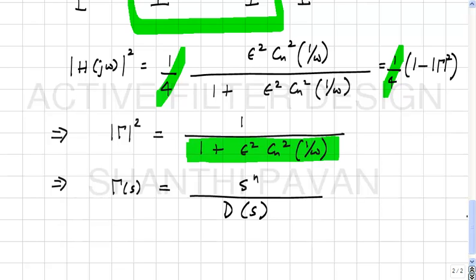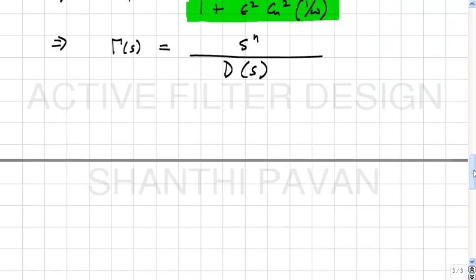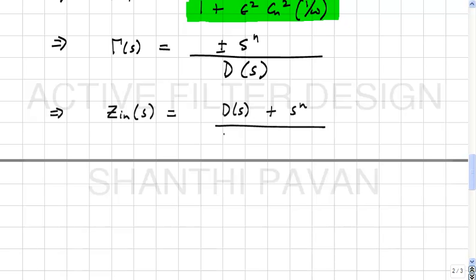Okay. So, I will go through an example to illustrate, but this must be the form of gamma of S, which means that Zn of S, again you have the plus minus depending on whether you are doing even or odd, will therefore be, for example, d of S plus S bar n divided by d of S minus S bar n.